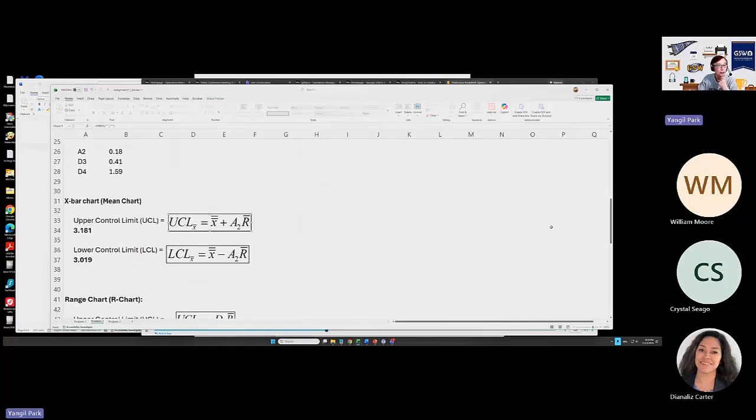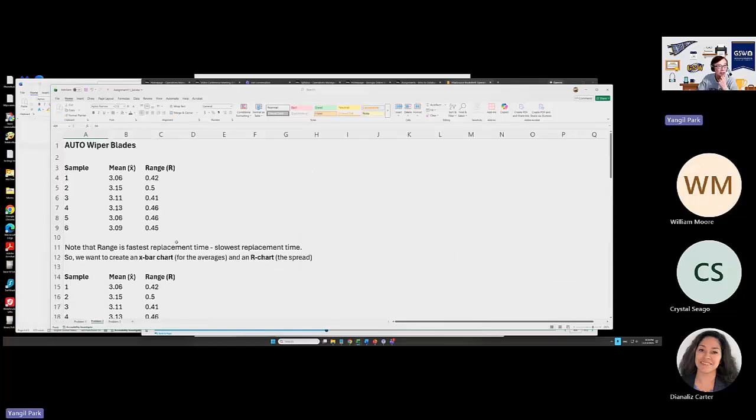From there, we're going to plug into this formula again, the upper control limit and lower control limit, and plug in the mean, the X bar and R bar, which are means.